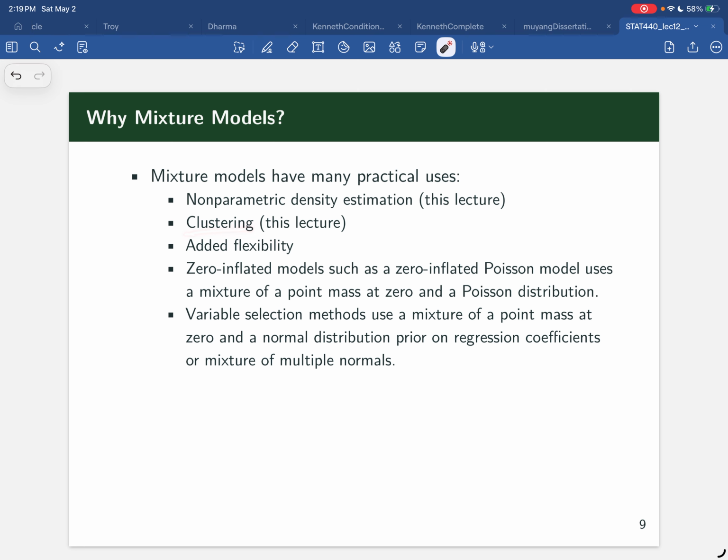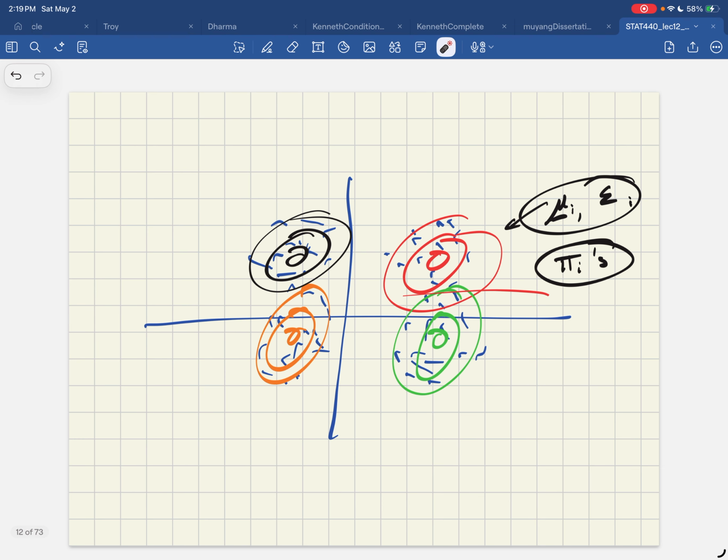We can also talk about clustering. If I can start with unlabeled data like we did back here, all of these blue points, and then fit a mixture to that unlabeled data, suddenly I can talk about the points in terms of, oh, are they associated with the red distribution or the orange distribution or the green distribution? Basically, we have defined clusters to describe the points.